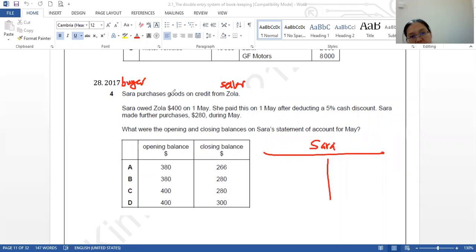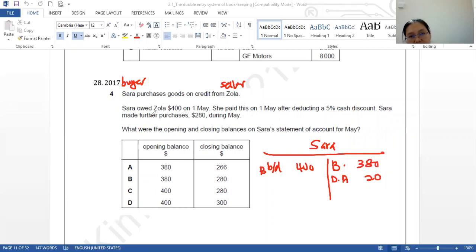So Sarah bought on credit. Sarah owed, so balance brought down 400. She paid this on 1st May after deduction. So bank and then discount allowed. 5% is 20. So this one is 380.